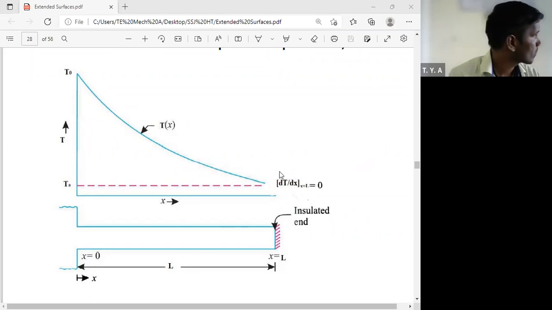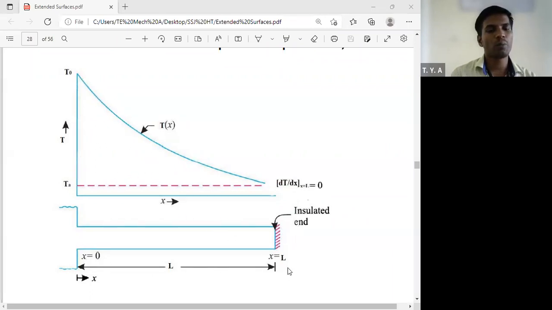Okay, so diagram is over. So what is the length of the fin? That is capital L, and whatever the end of the fin is there, we have to insulate that end. So therefore the heat transfer is not taking place due to the insulation, so change in temperature with respect to thickness at that end becomes 0.